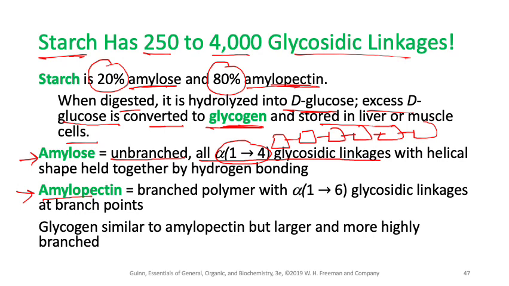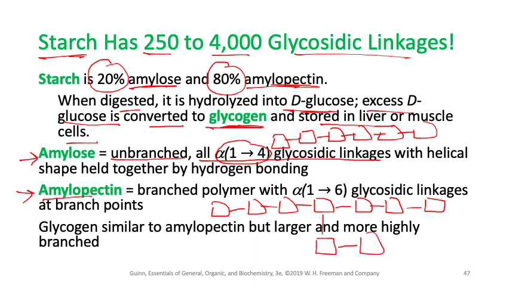Amylopectin also has alpha 1,4 bonds between multiple glucose molecules or monomers, but along with the alpha 1,4, it also has alpha 1,6. You will have some kind of branching, right? So this is a branched polymer, whereas amylose is a single line structure, a linear structure.